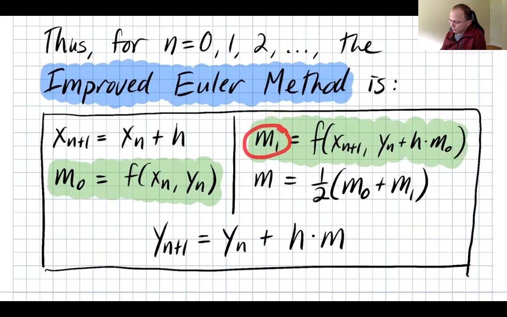That'll give us a new slope, m1, and we will combine these two slopes together into the slope that we want, which is this one here. So we just average m0 and m1. And then that is the slope that we actually use here. So now we will go from yn, we will do plus h times m. And that will give us our new yn plus 1. And then we just keep repeating this as many times as we need.